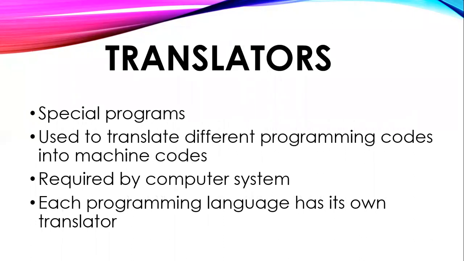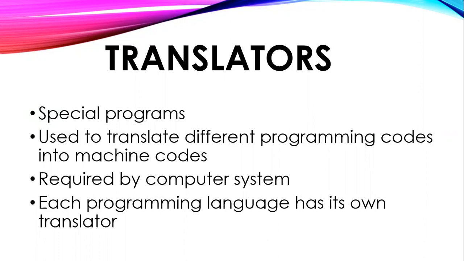These are special purpose programs. I have talked about assembler, compiler and interpreter. The purpose of these programs is to convert assembly language and high level language codes into machine codes, because everything that is entered into the computer system must be converted into binary or hexadecimal codes.